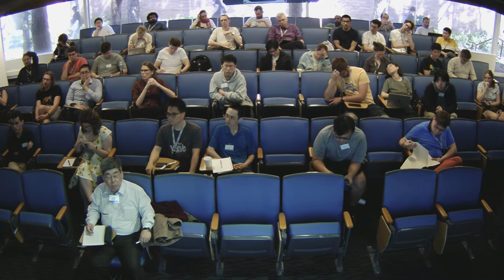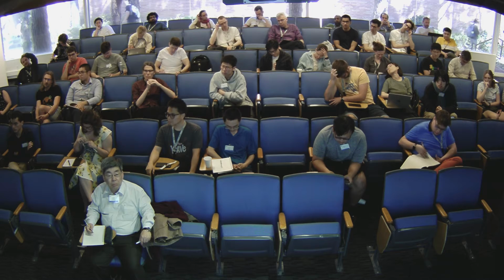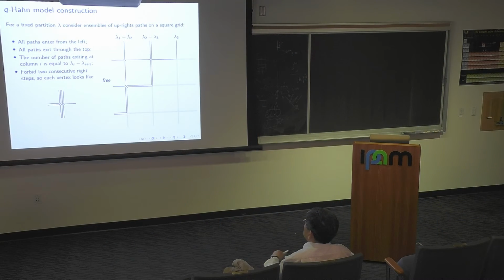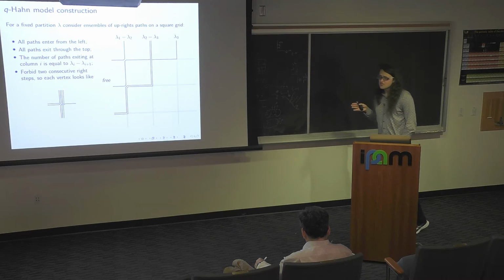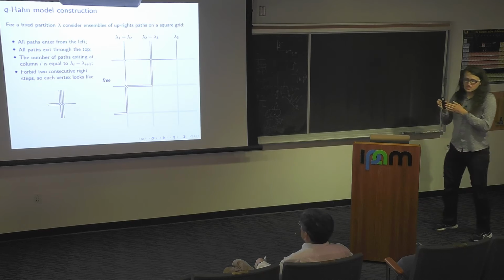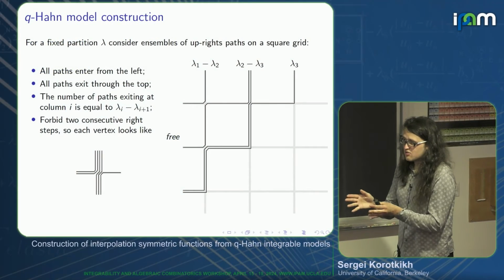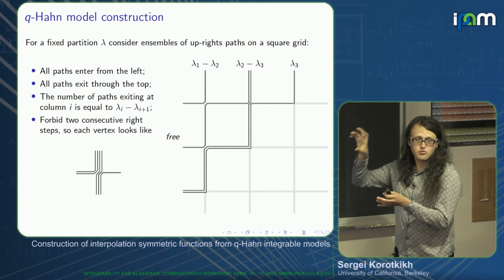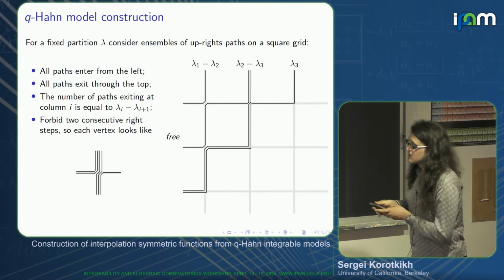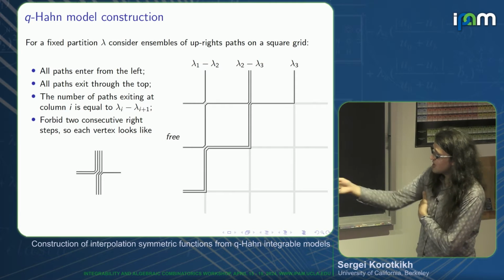So this will be trajectories of the so-called q-Hahn boson model. At each site of the lattice, I am allowed to have arbitrarily many particles. At each discrete time, I take a site of my lattice, take some random number of particles at this site, and move them one step to the right. This is exactly what's happening on this picture.